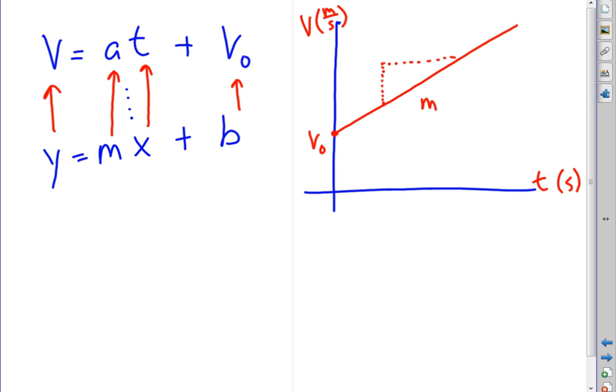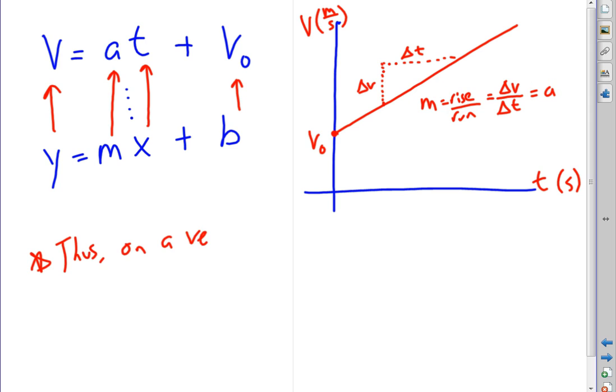Slope, well, let's do that slope formula. Rise over run. So that's going to be delta v, which is the rise, over delta t. Hey, I know that. That's the very definition of acceleration. Alright, how about that? Just to verify it here.